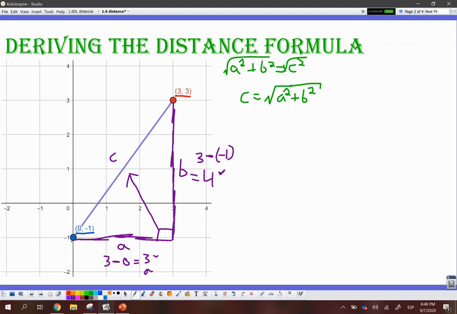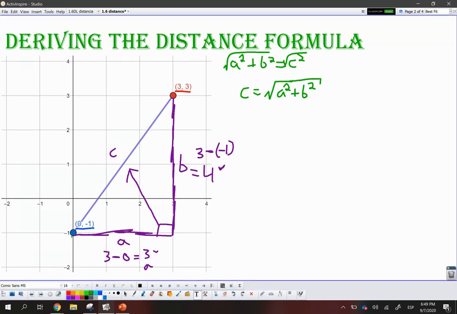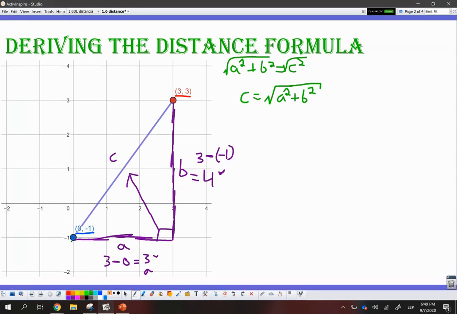Now I want to generalize this, which means I want to make it so I can use it with any coordinate points and not just this specific example. I know that here to find A, I subtracted my two x coordinates. So let's say one of these coordinates, I'll call it x2, and the other x coordinate, I'll call it x1.